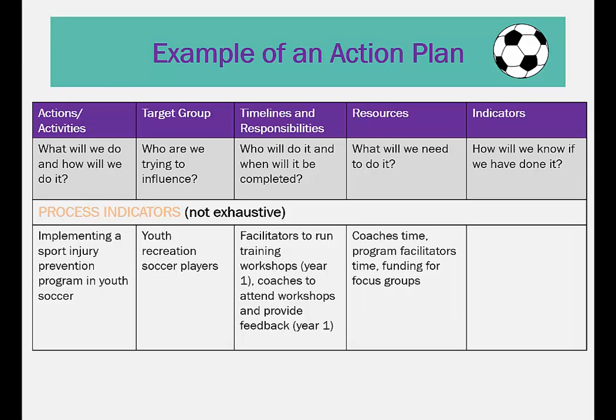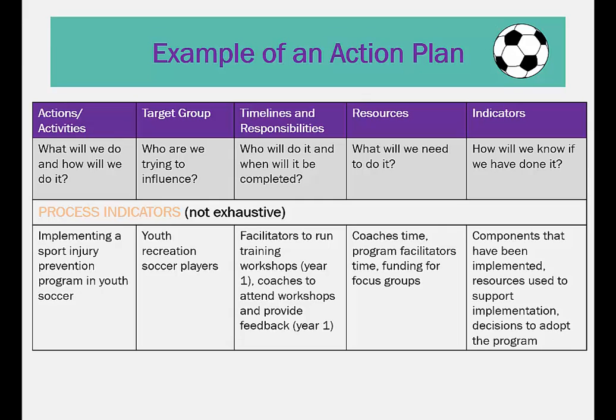Resources: the resources needed are the coach's time, the program facilitator's time, and funding for focus groups. Indicators: the indicators of completion will be the components that have been implemented, the resources used to support implementation, and the decision to adopt the program.